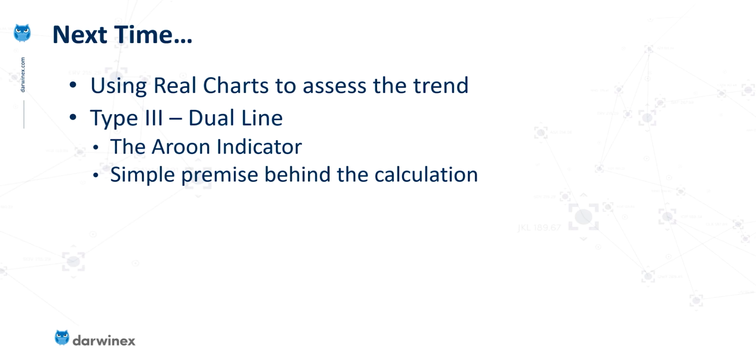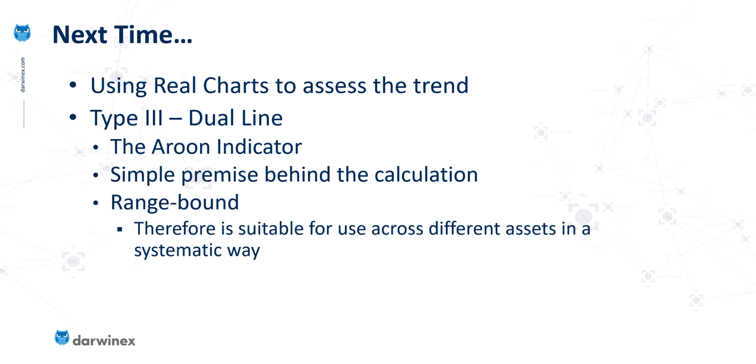And as you've heard me say 1,000 times before, simple is usually best. The second reason why I like it is that it's a range-bound indicator, so it ranges between 0 and 100. And this, of course, makes it suitable for using across different asset classes in a systematic way.